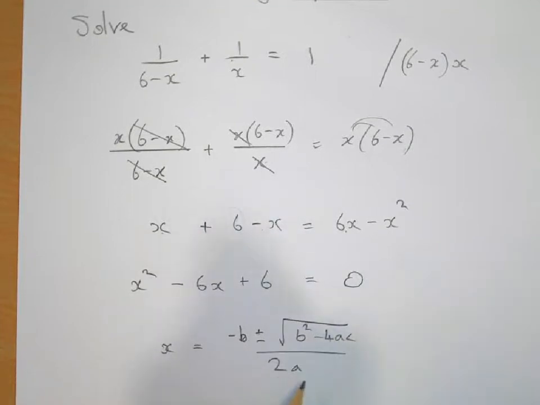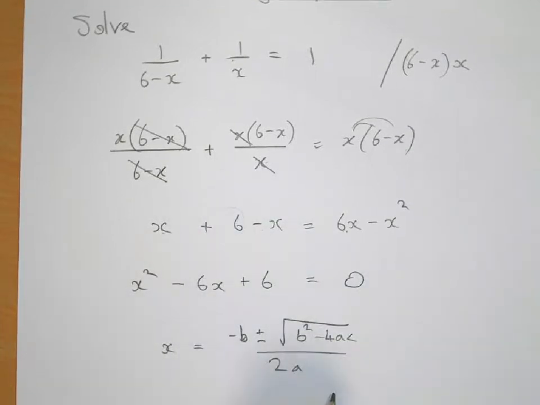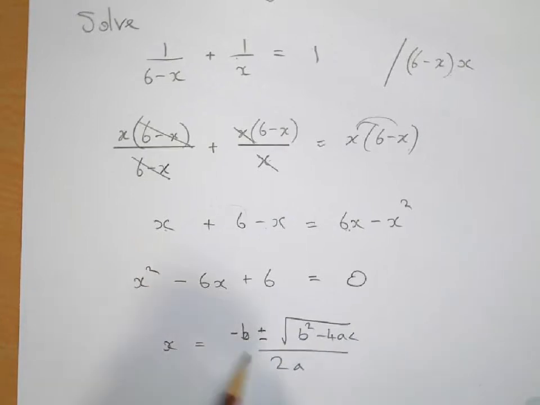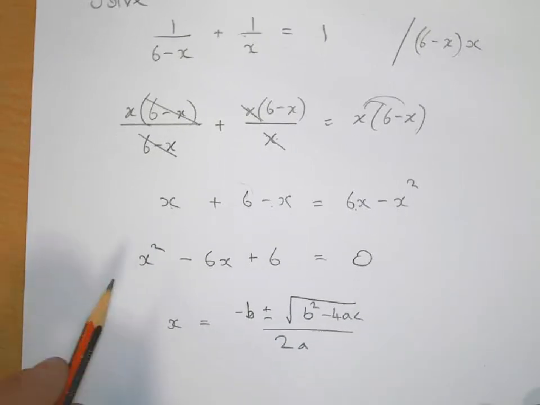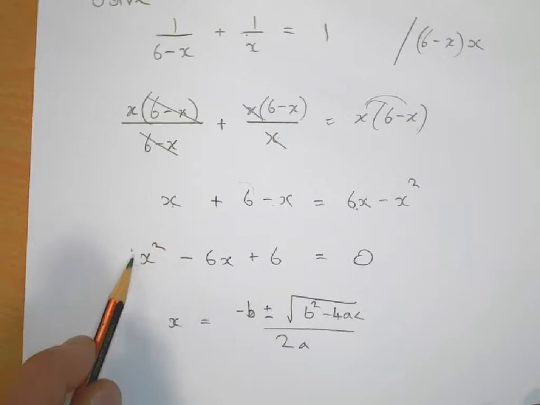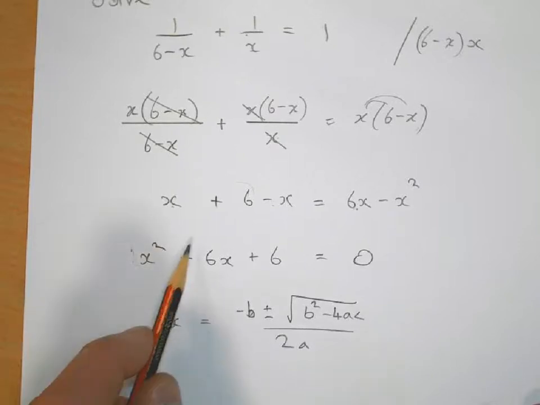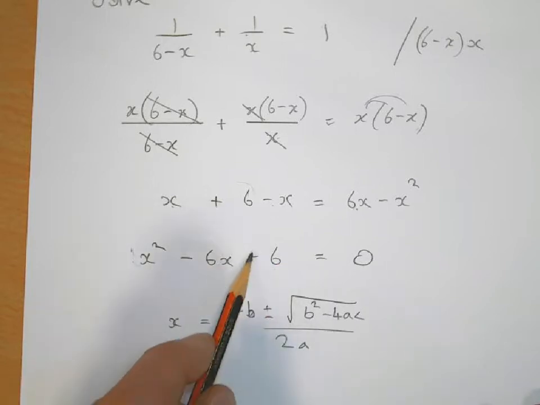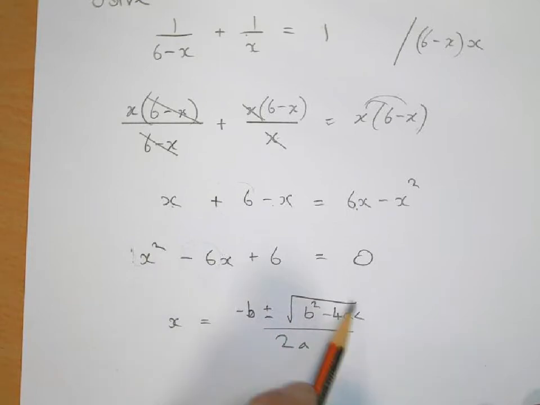Now I'm not going to go into how to solve that, but just a quick reminder though, a is the coefficient before the x squared, so that'd be a 1. The b value is minus 6, that's the coefficient before the x, and the c value is just the plus 6, or the 6. And when you plug it into that formula, you'll end up with two values of x, and that's how you solve that equation.